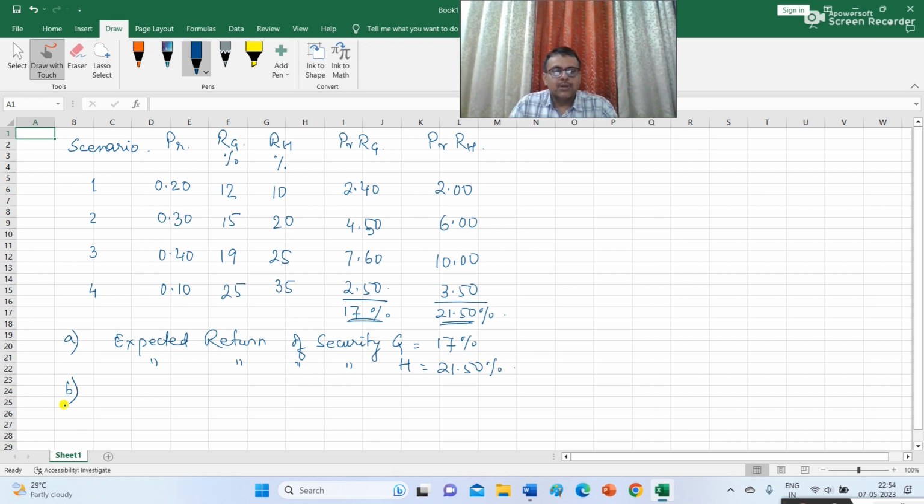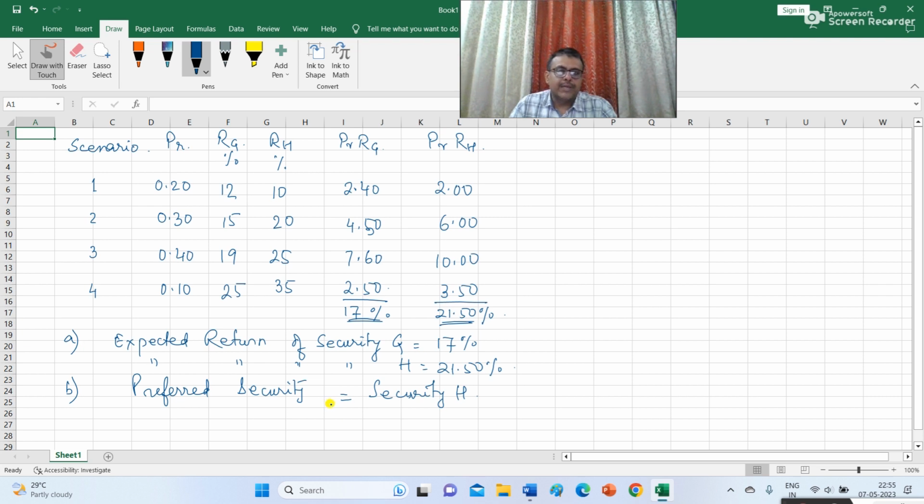So based upon the return of these two securities, the preferred security is security H, because it gives you better return, that is 21.50 in comparison to 17% of security G.